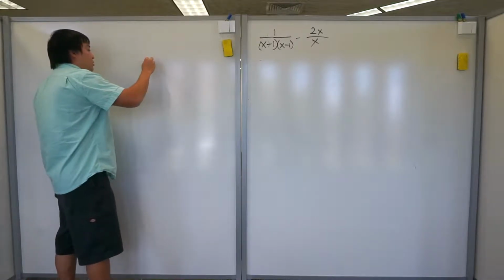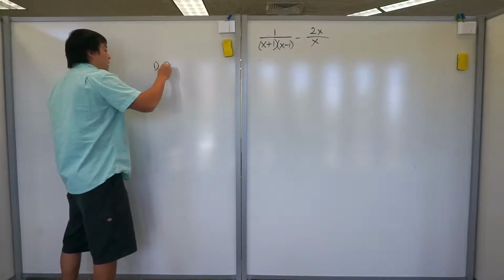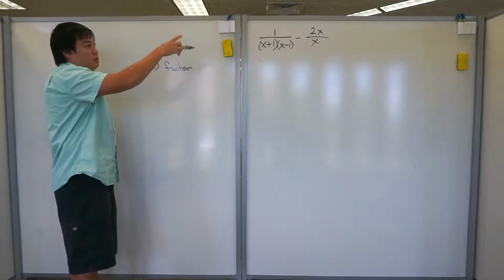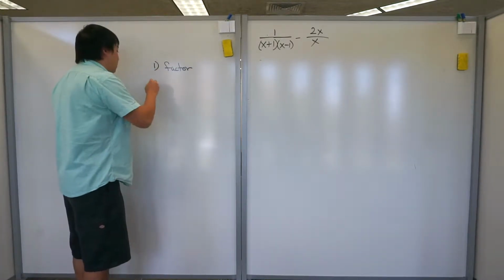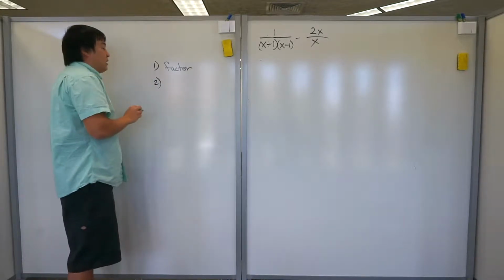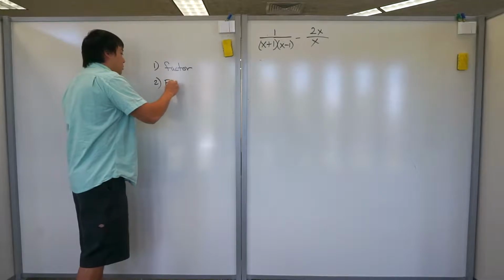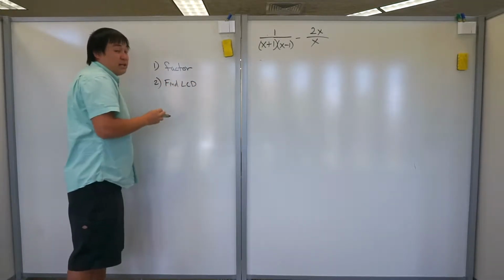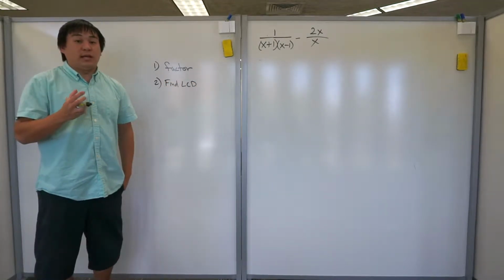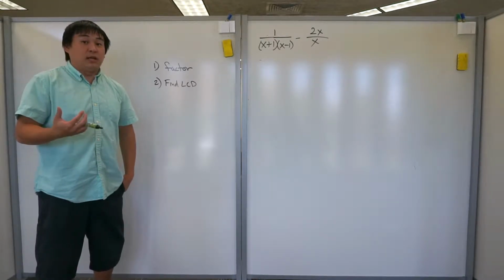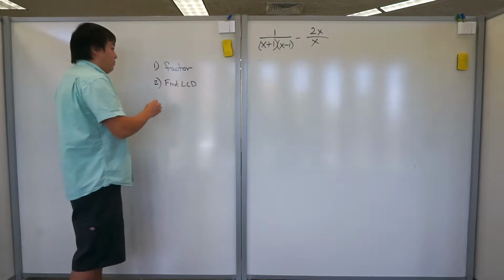What you're going to do first is factor. Okay. And in this problem, it's already done. Okay. Number 2, we're going to find the LCD. And we're going to list it out by writing out each of the different elements of the denominator and the highest exponent of them.